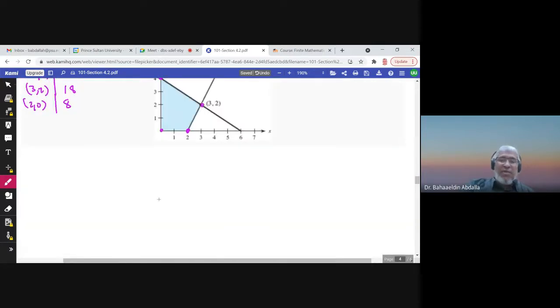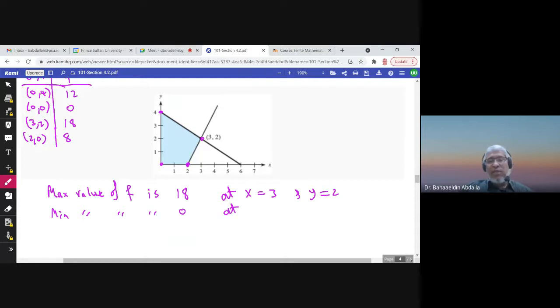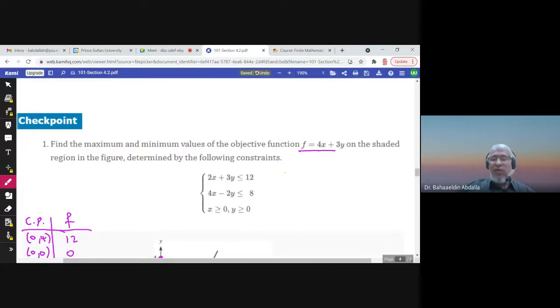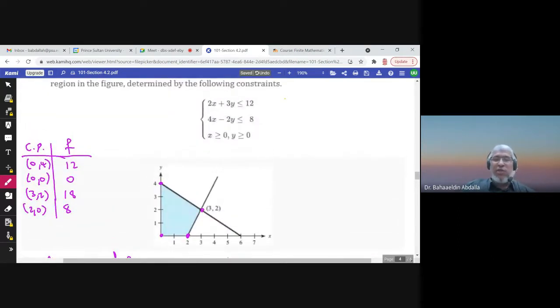So the maximum value of f is 18 at x equals 3 and y equals 2. And the minimum value of f is 0 at x equals 0 and y equals 0. So this is the answer of this question. We have found the maximum value of f and also the minimum value subject to these constraints.